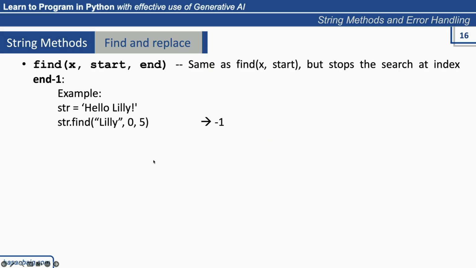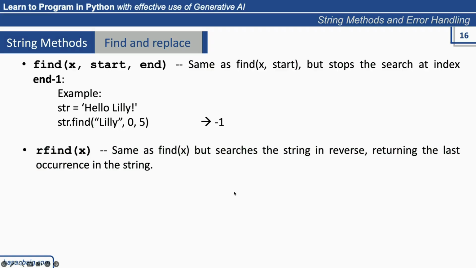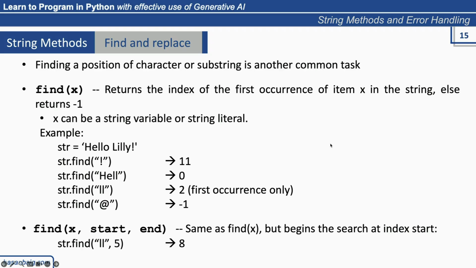Okay, so there is another method called the rfind method. How rfind works is it actually starts searching in the reverse direction, but it reads in the forward direction. So for example, if I run the same thing, let's say I have str.find and I'm looking for ll, not starting from anywhere.